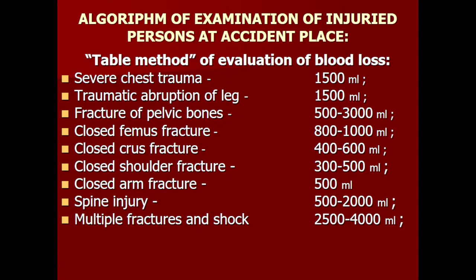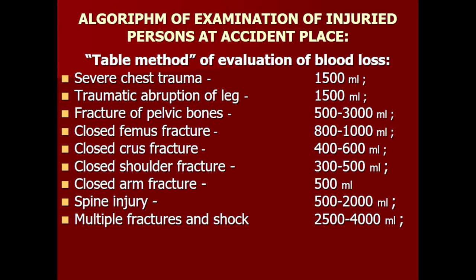Fracture of the pelvis, 500 milliliters to 3 liters. If the patient has avulsion types, 500 milliliters of blood loss. Crush damage, maximum 2, 3 and maybe more liters of blood loss. Closed femur fracture, blood loss of 1 liter.